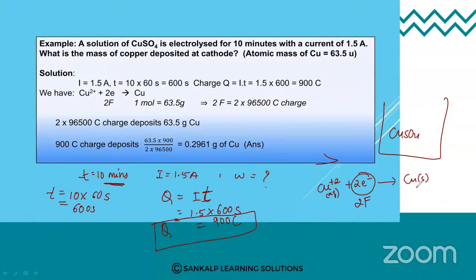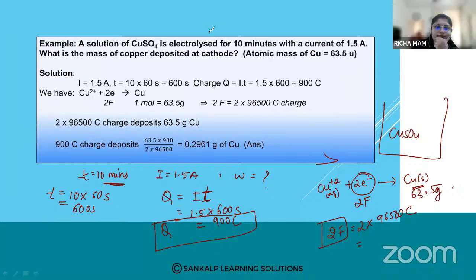The weight of copper is 63.5 grams. Now, 2 Faraday means 2 into 96,500 coulombs. So when you pass 2 Faraday of current, 63.5 grams of copper is deposited.